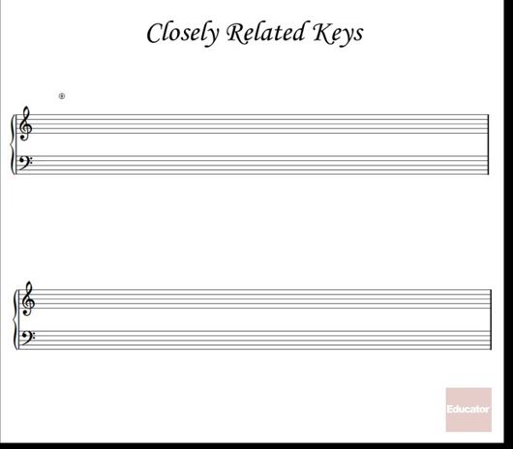So closely related keys. There's a few ways to think about this. Let's say we're starting with C major as our home key. So we can look at all the scale steps of C. So we've got 1, 2, 3, 4, 5, 6, and 7.